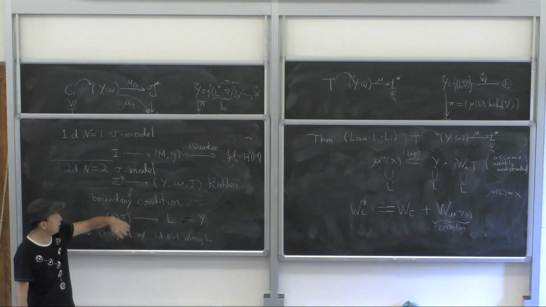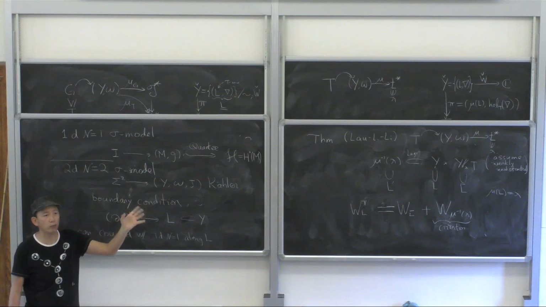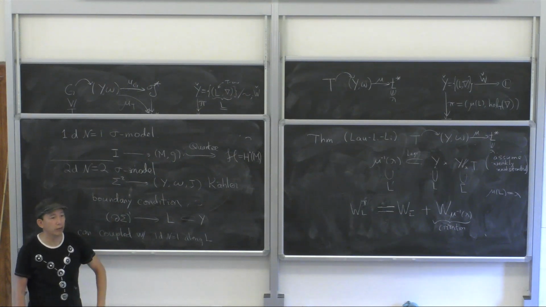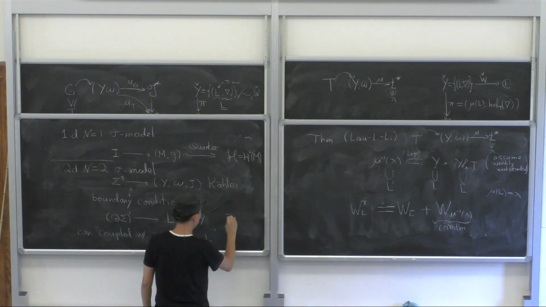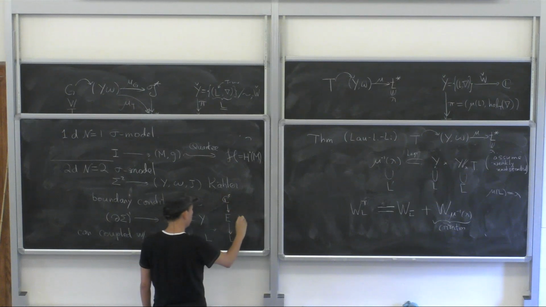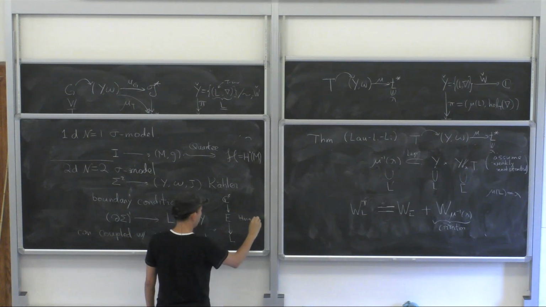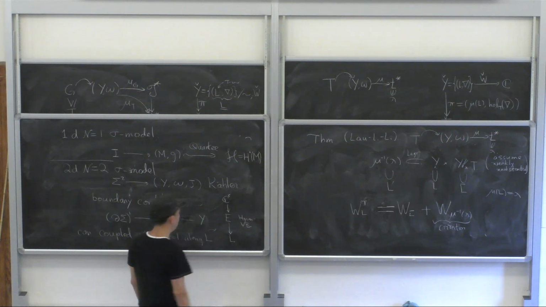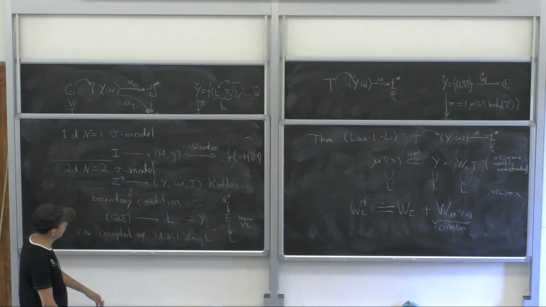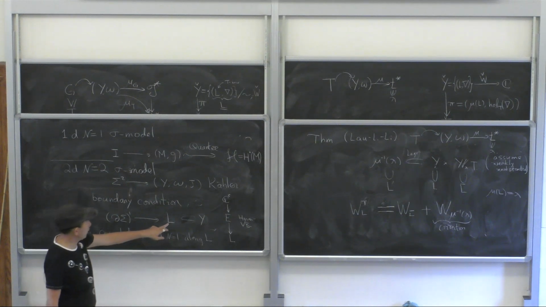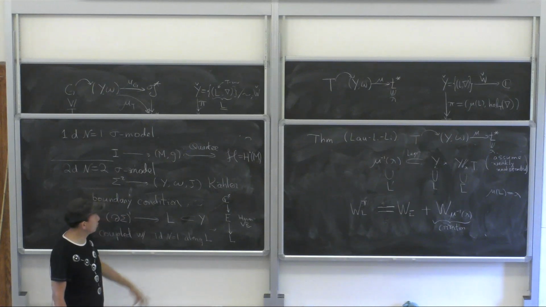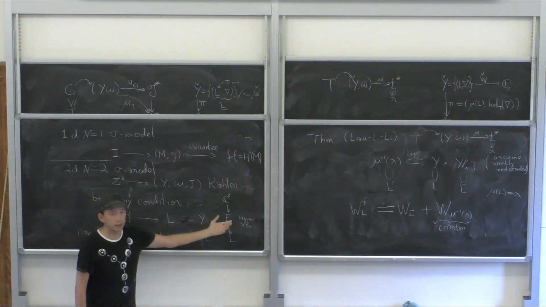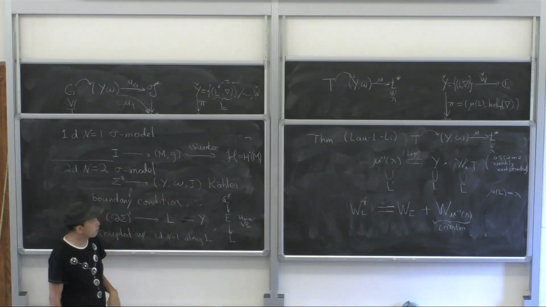But after you quantize, that just means that you have a Hermitian vector bundle over L. Okay, and now depending on the A and B model: in the A model, you assume L is Lagrangian, E is flat. Or in the B model, you assume L is holomorphic and E is holomorphic.